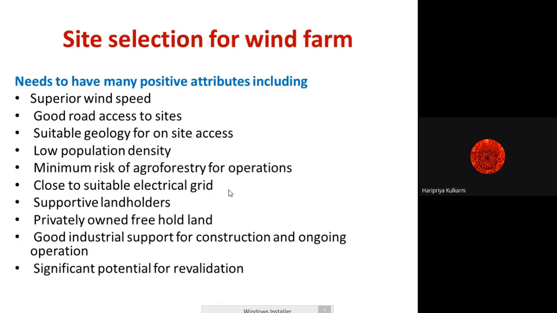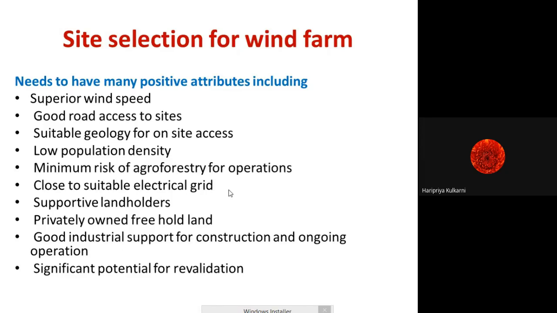There may be some conflicts at the initial stage, while taking ownership of that land from the landholders. Privately owned freehold land, so there should not be any complexity in legal aspects while taking over the land for development of the wind farm. Good industrial support for construction and ongoing operations, because the majority of the points arise during erection only.